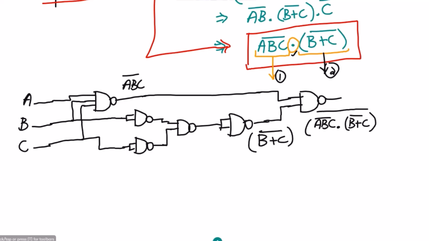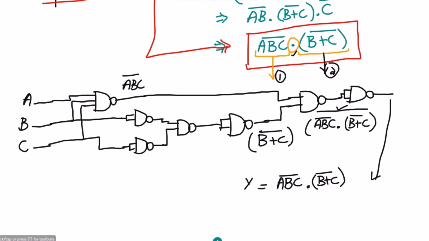Okay, so in order to remove this whole complement, I have to use another NAND gate to which this input is applied, and at the output of it this complement will be removed because this is an inverter, and at the output of it, I will get (ABC whole complement dot B plus C whole complement) as well.